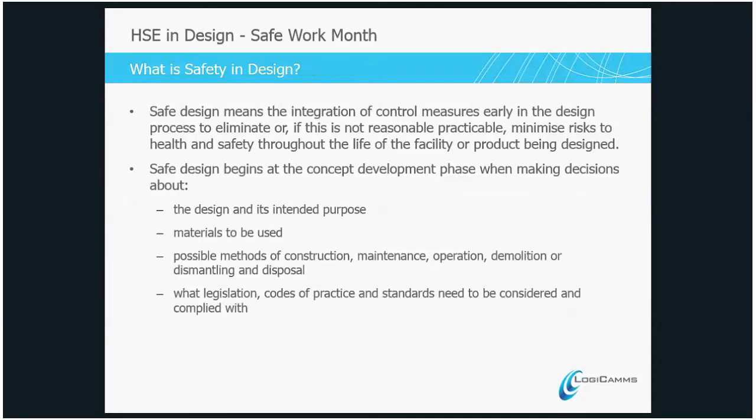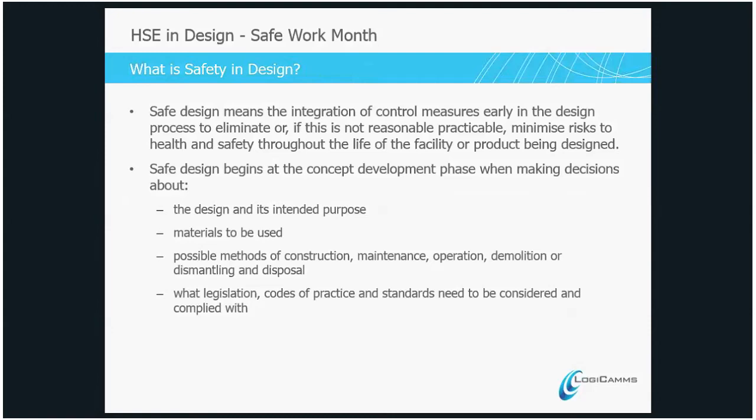What is safety in design? Safe design means the integration of control measures early in the design process to eliminate, or if this is not reasonably practical, minimise risks to health and safety throughout the life of the facility or product being designed.